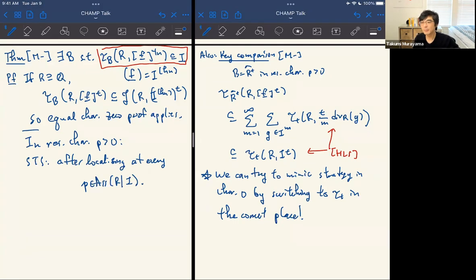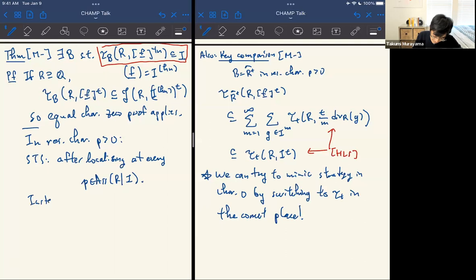But the localization property we have is not for prime ideals, it's for elements. So instead we localize at x not in P, such that the following two properties hold.